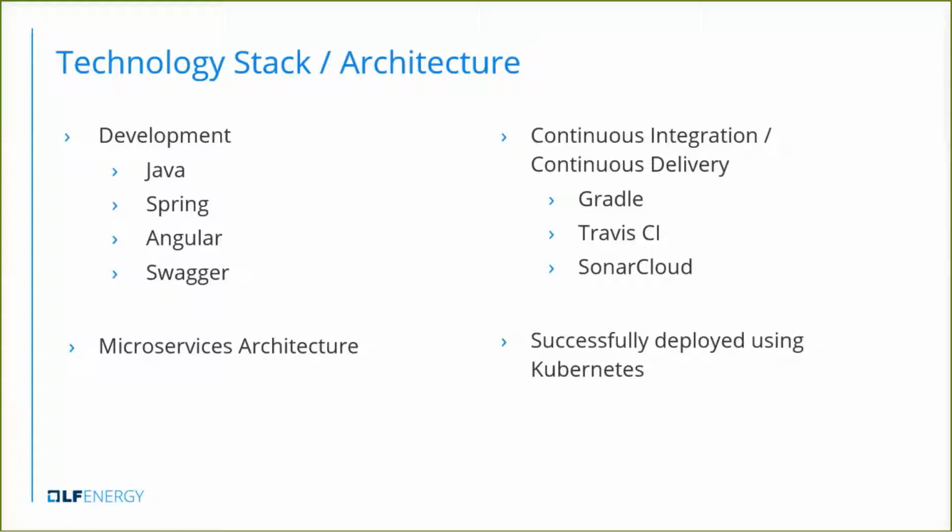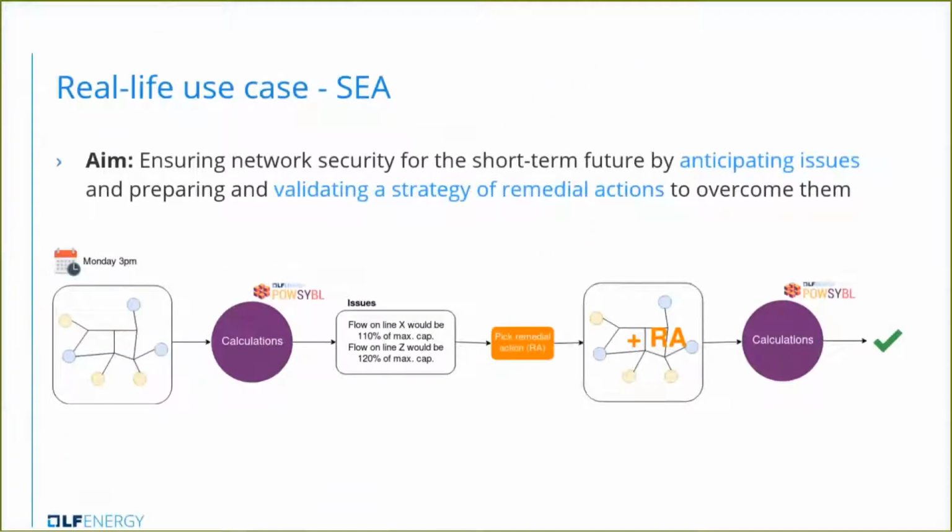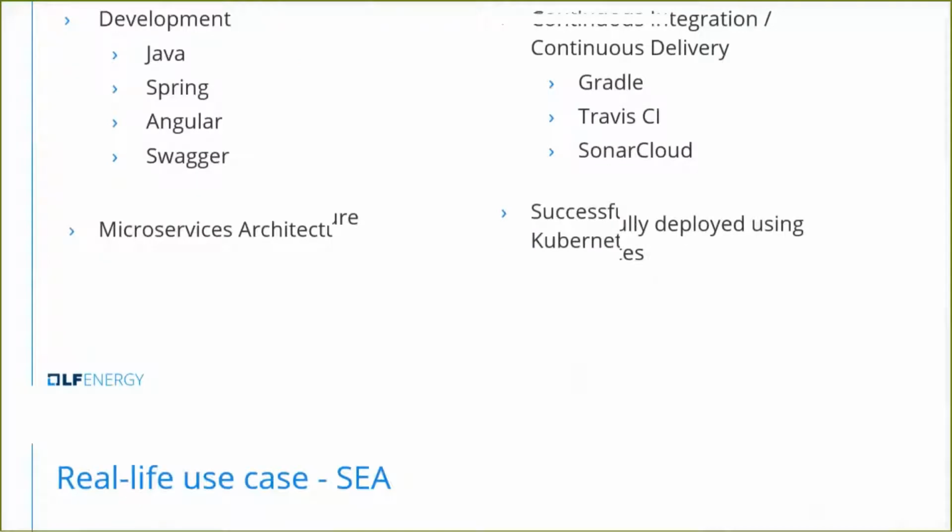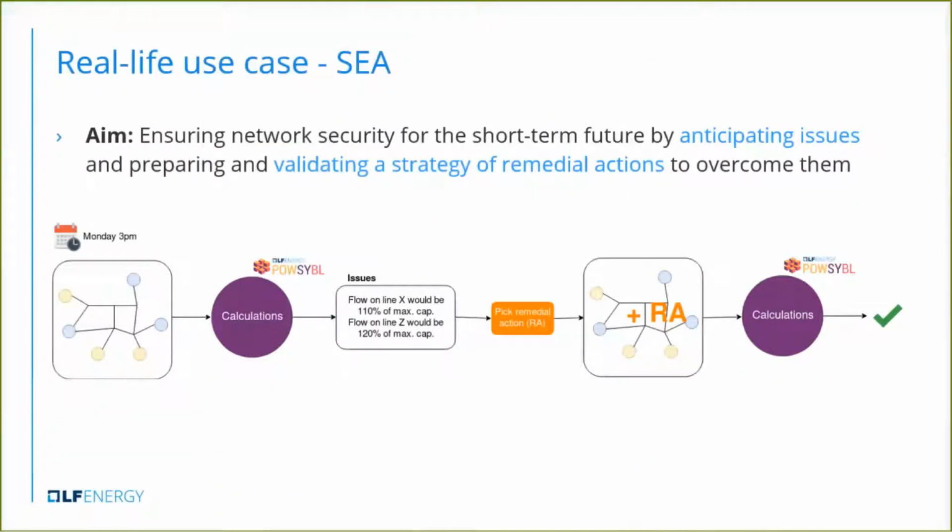Also, one of the projects that is using OperatorFabric has been successfully deployed using Kubernetes. Just so you know, I think with this we can go on to the demo.